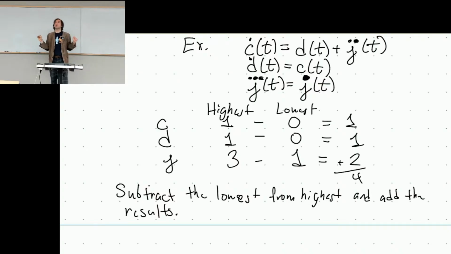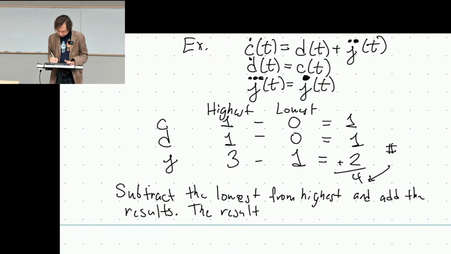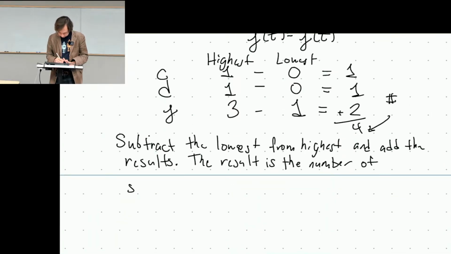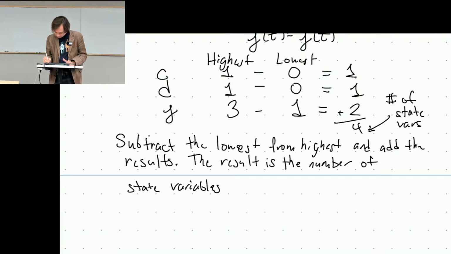There are 4 state variables that you need to represent this. The result is the number of state variables. Pretty easy so far, right?